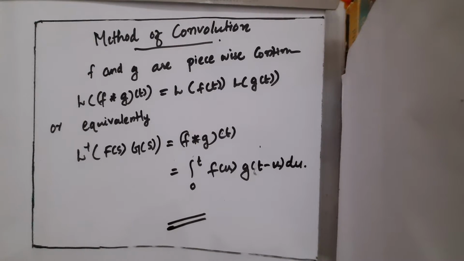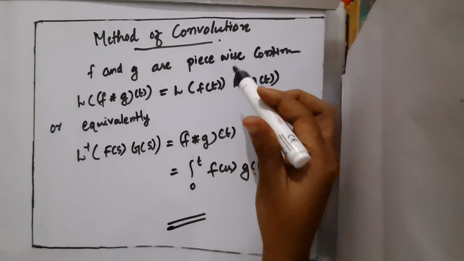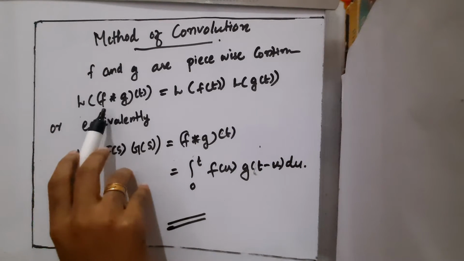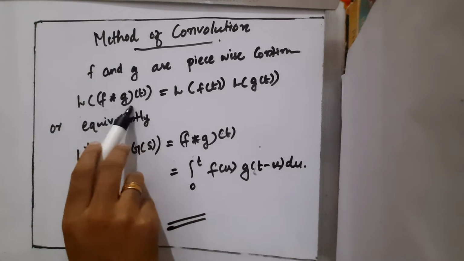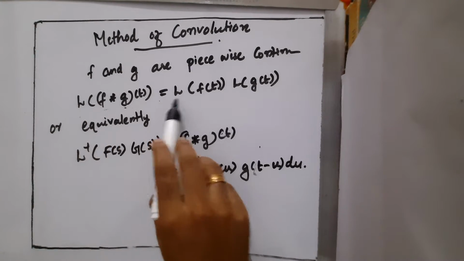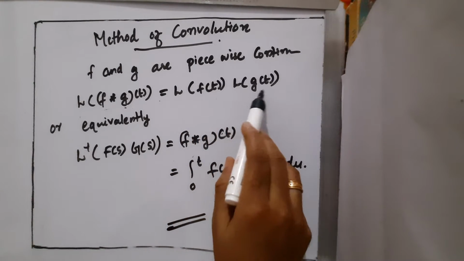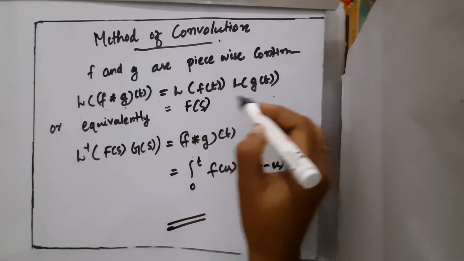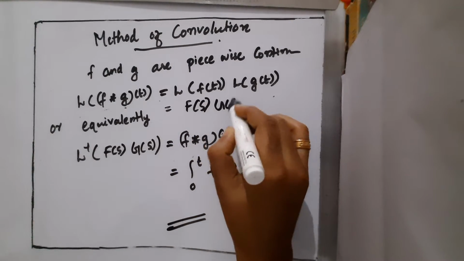This is the theorem. Let f and g be piecewise continuous functions, then Laplace of f star g of t, the convolution of f and g, is equal to Laplace of f of t into Laplace of g of t. Take it as capital F of s and capital G of s.